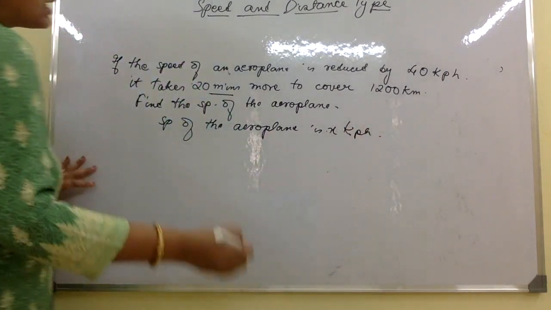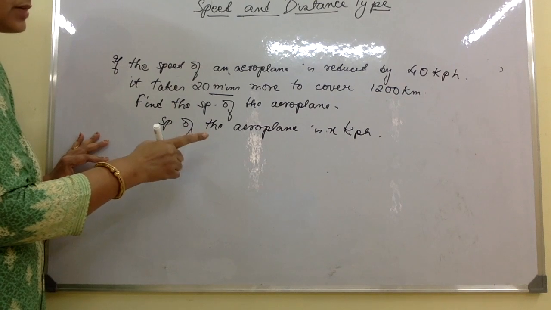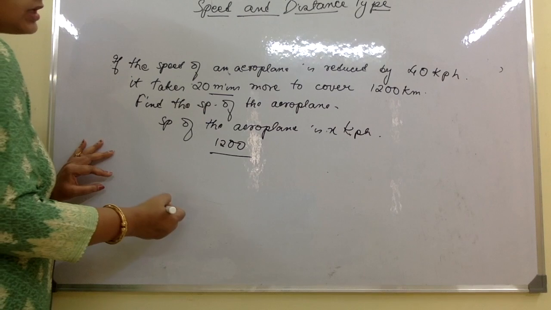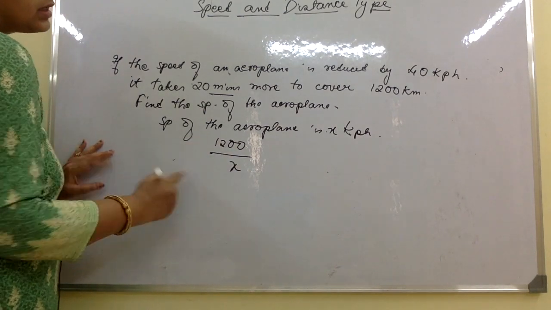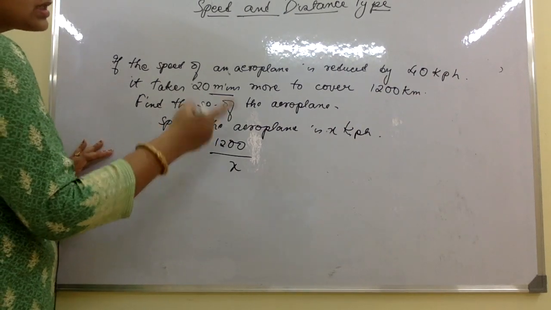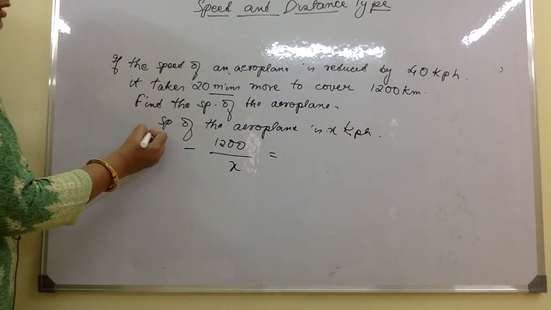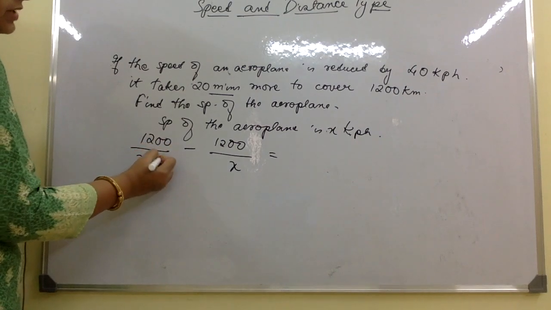If it is x kph, then how much was the original time? The original time was 1200 by x, distance by speed, that is time. And the new time, since it has slowed down, is 1200 by x minus 40.